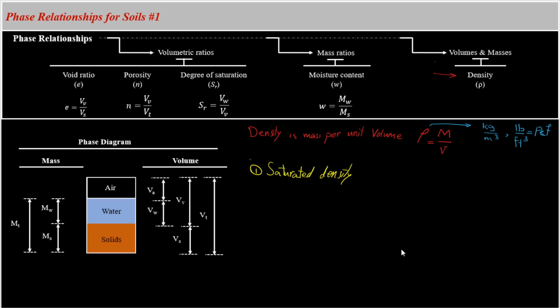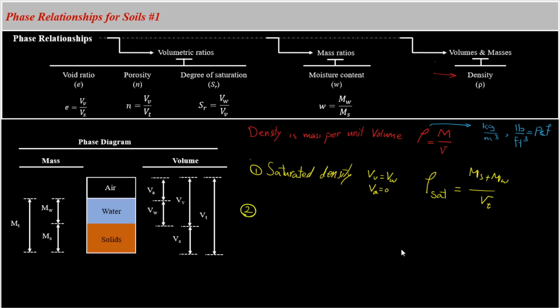Saturated density is the density of the soil sample when all the voids in the sample are filled with water, or in other words, the volume of air is equal to 0. In this case, the equation is shown by rho sub sat, and it will be mass of solids plus mass of water divided by the total volume.